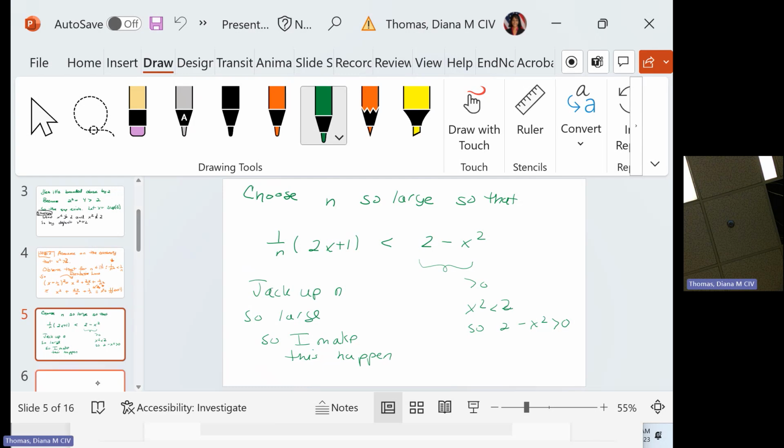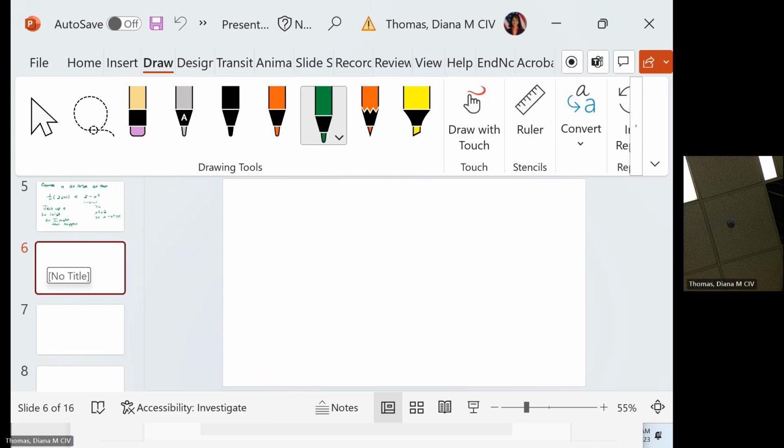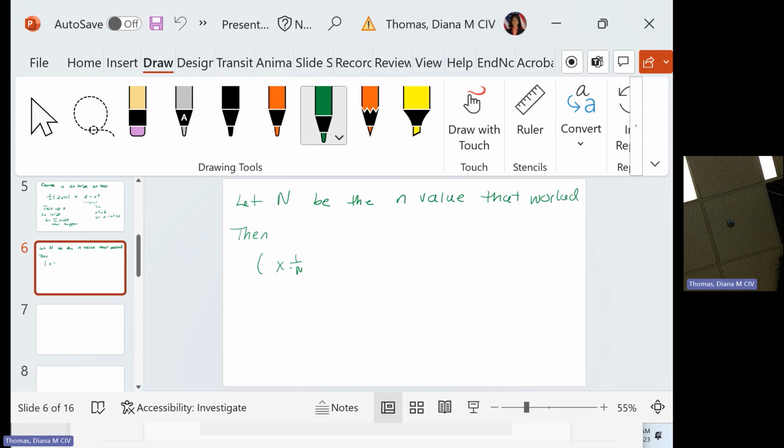All right, here's my contradiction. So if I let cap N be the n that worked, then what I have here is x plus 1 over n squared, where I started, is less than or equal to x squared plus 1 over n times this little piece, which is less than x squared plus 2 minus x squared, because I just did that.